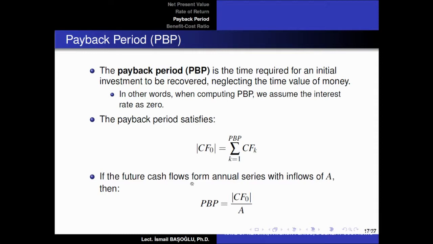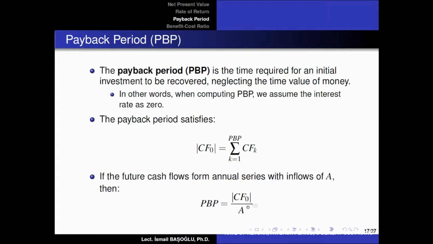Now, if the future cash flows form a uniform annual series, then all you need to do to calculate the payback period is to divide the initial investment's absolute value by the payment amounts. For example, I computed that my payback period in the previous example was 5 years. How did I compute that? I divided $100,000 by $20,000 of annual payments, and that makes 5 years to cover all of the money.